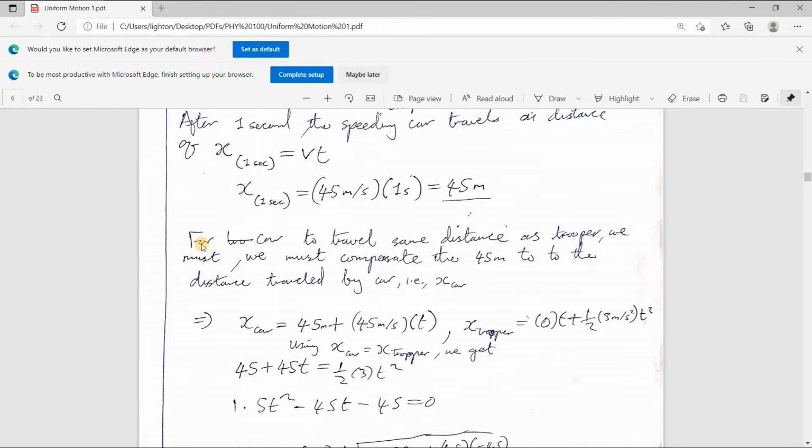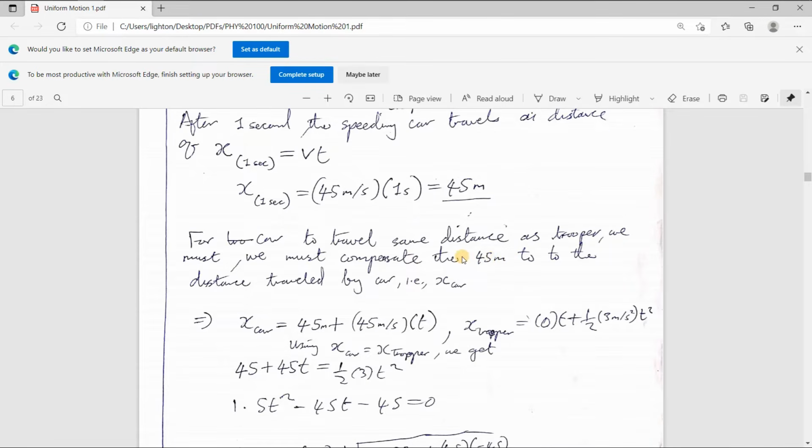Now, for the car to travel the same distance as the trooper, we must compensate the 45 meters to the distance traveled by the car. We want these to travel the same distance, so that's why we're compensating the distance which is already covered by the car.